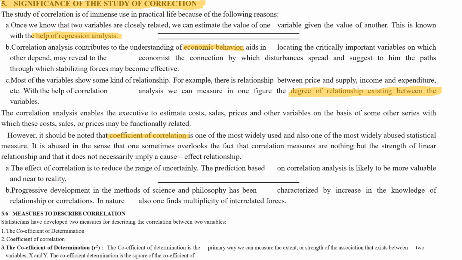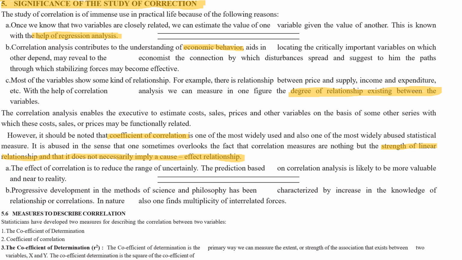We find out linear relationship strength, but many times a cause and effect relationship is not there. So this is a drawback. The effect of correlation is to reduce the range of uncertainty. The prediction based on correlation analysis is likely to be more valuable and near to reality.